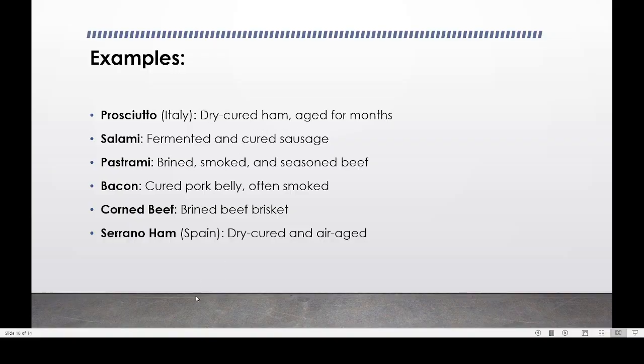Then salami. Salami is another material. This is how the salami products are. Okay. Then another is pastrami. We will see what pastrami is.